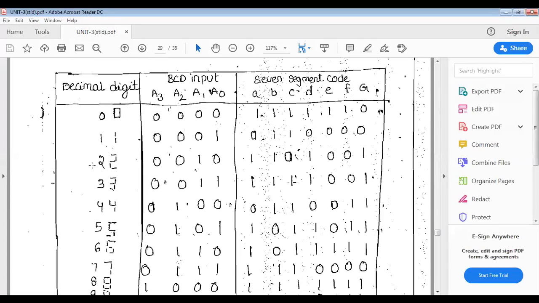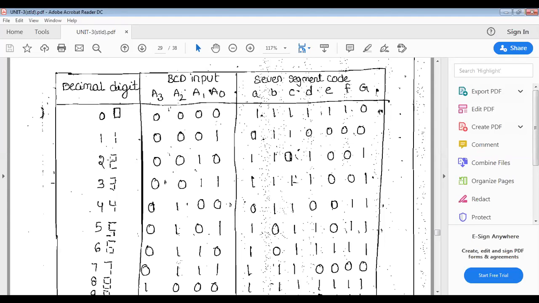All right. The next one is the decimal value 2, and the binary is 0, 0, 1, 0. A0 is 0, A1 is 1, A2 is 0, and A3 is 0. Now on the output side, the 7-segment code A, B, C, D to G, which ones are high?